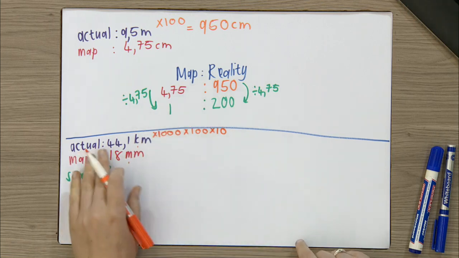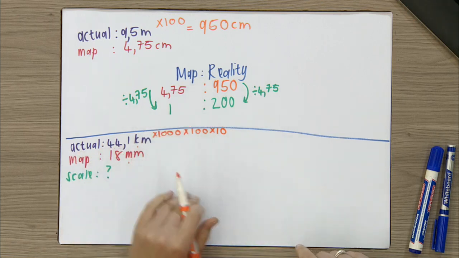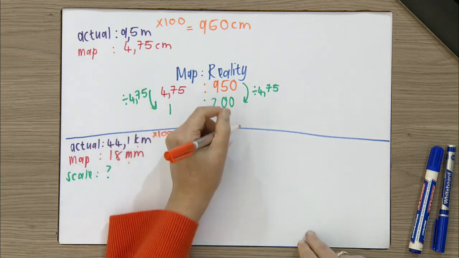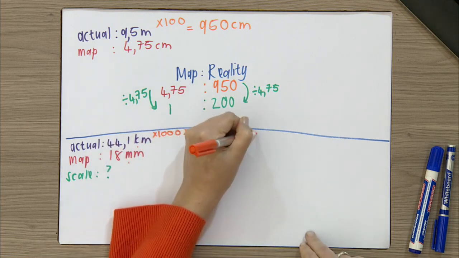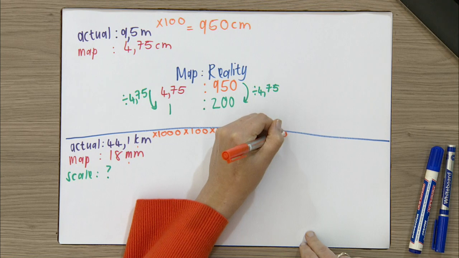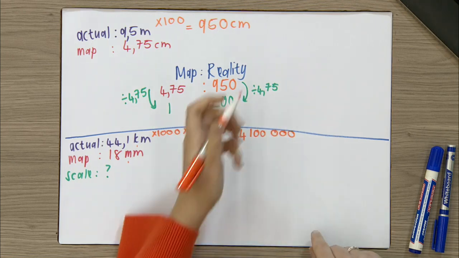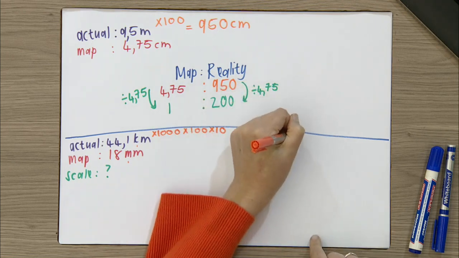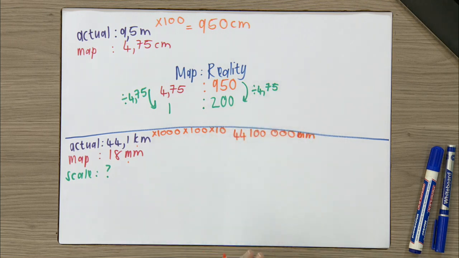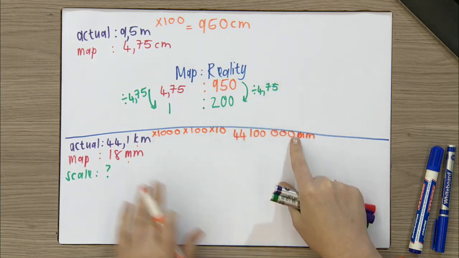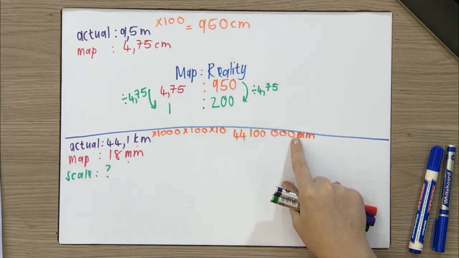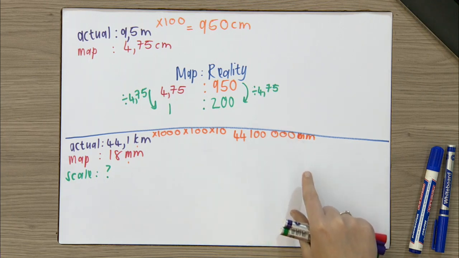So technically, I'm going to take this and multiply it by 1,000,000, which will give me 44,100,000 millimeters. So now I can see, all right, I've got millimeters and millimeters. So from here, I should be able to attempt this question.